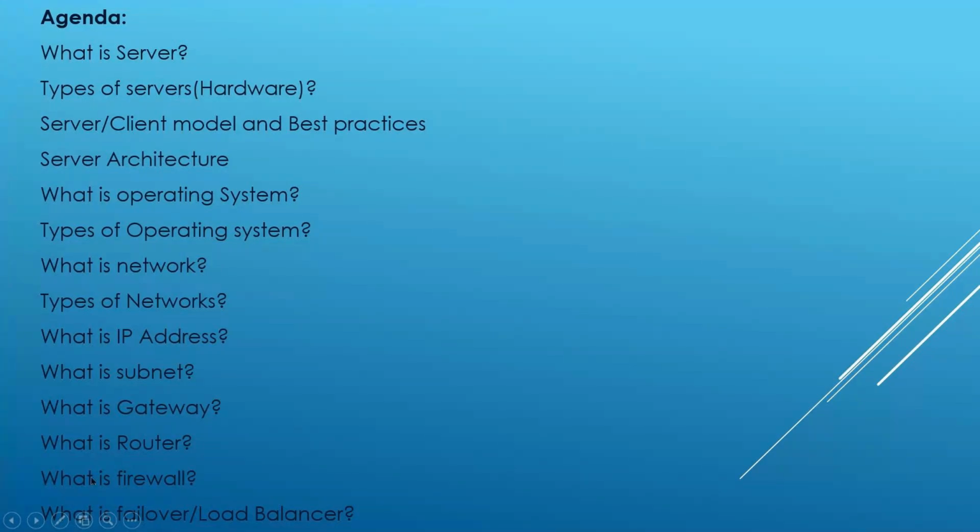These are all very important. Today we discuss server, types of servers, server-client model, and server architecture. This will take 1 hour, up to the operating system. Tomorrow we'll discuss networking, the network part.